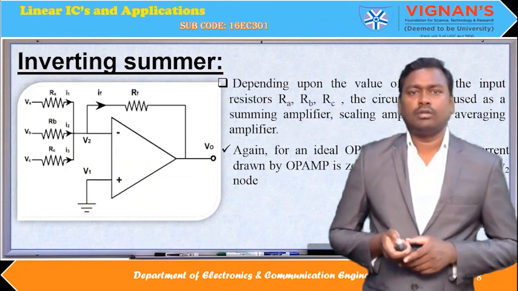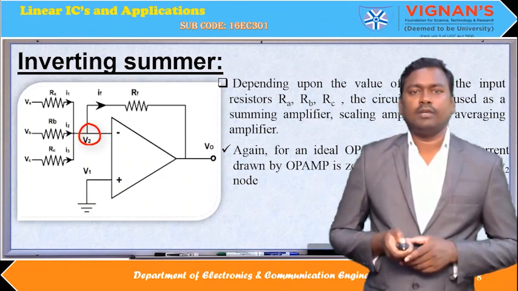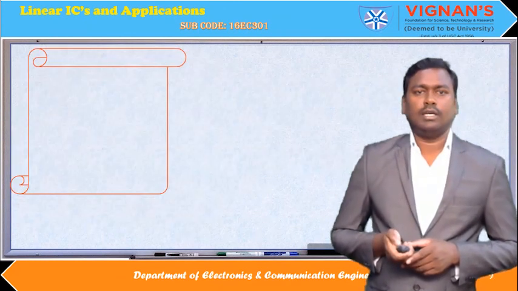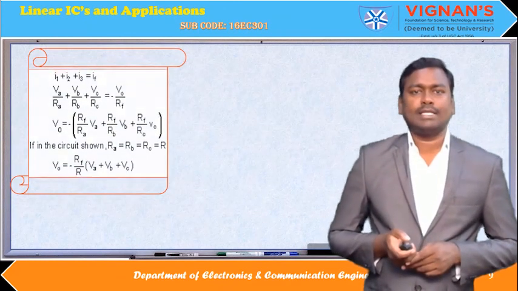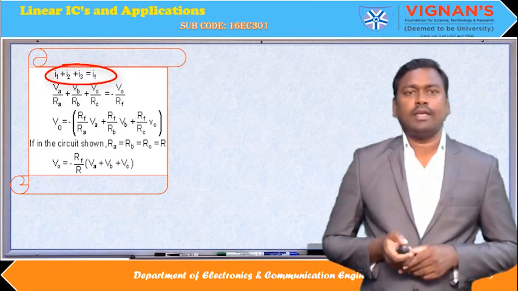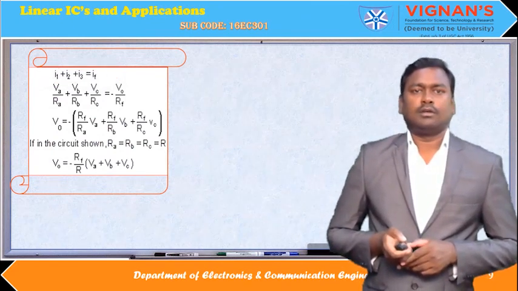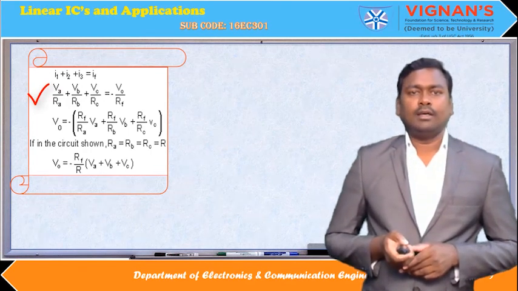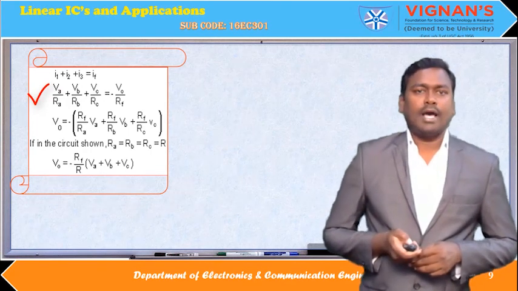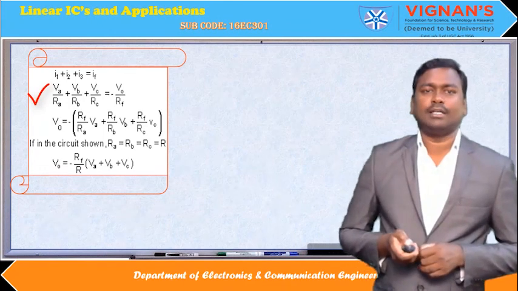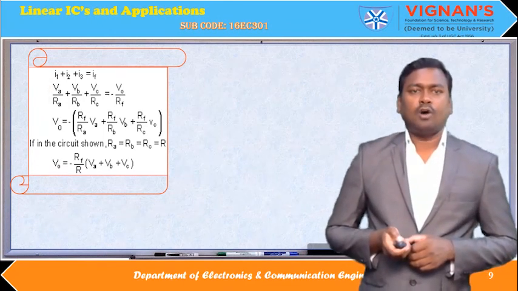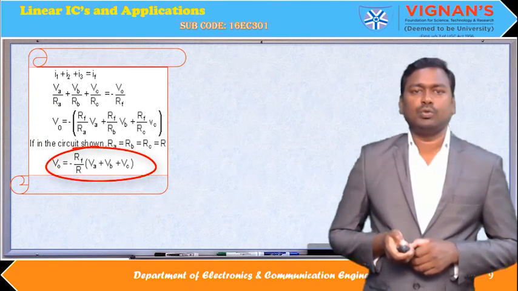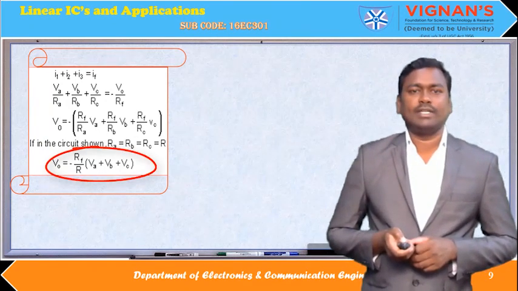Therefore, the KCL equation at node V2 is I1 plus I2 plus I3 equal to IF. I1 is VA by RA, I2 is VB by RB, I3 is VC by RC. So finally, the output voltage equation is minus RF by R into VA plus VB plus VC.